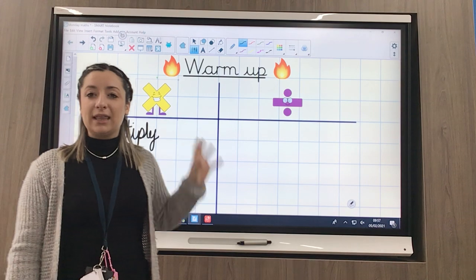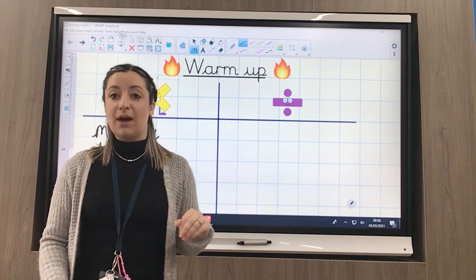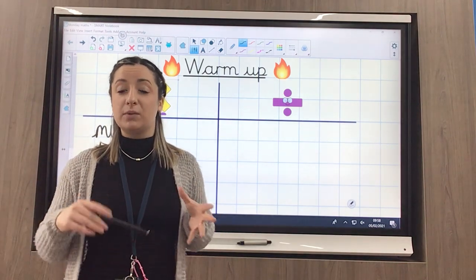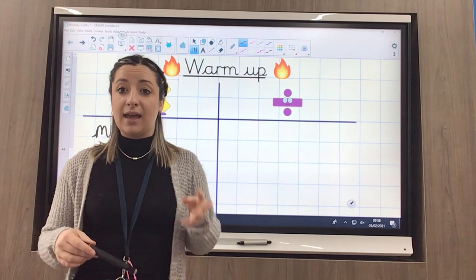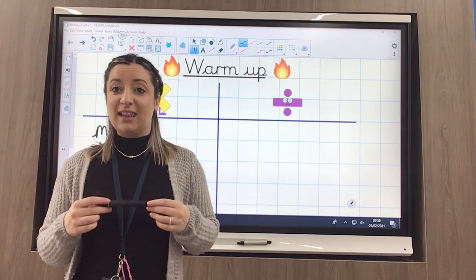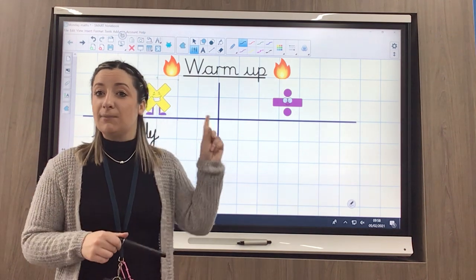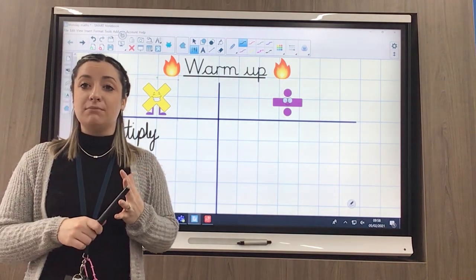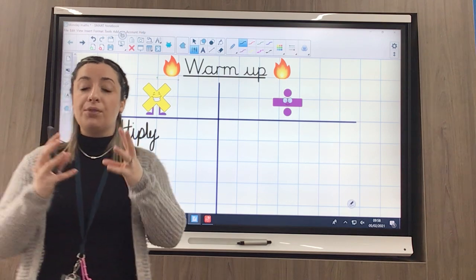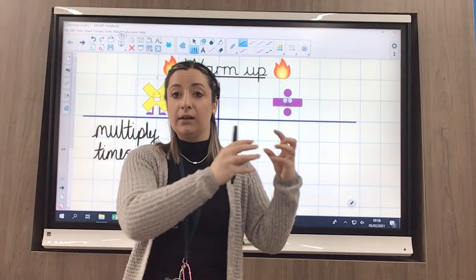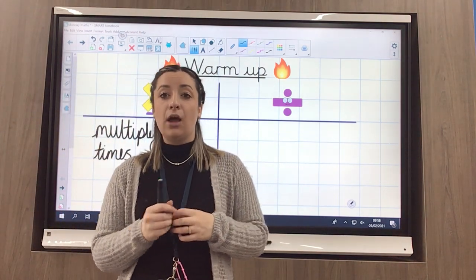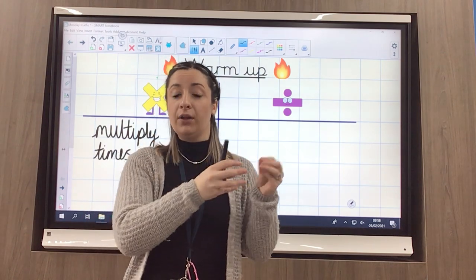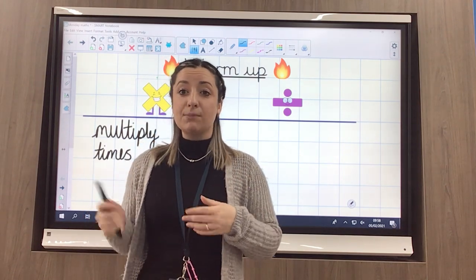Any other words that we can think of for multiply? So we've been having a look at them on the board sometimes before we start our learning. So thinking back to our previous learning, can you think of any other words that mean the same as multiply? So we've got multiply, times. Now sometimes we put them into groups, don't we? So sometimes we say 3 groups of 3, which means 3 times 3.